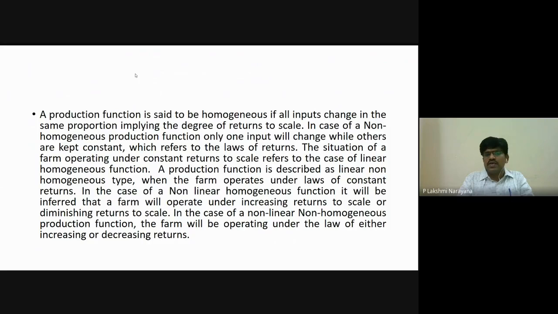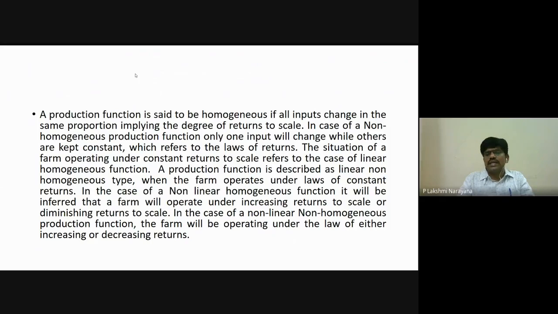A production function is described as a linear non-homogeneous type when the firm operates under laws of constant returns.